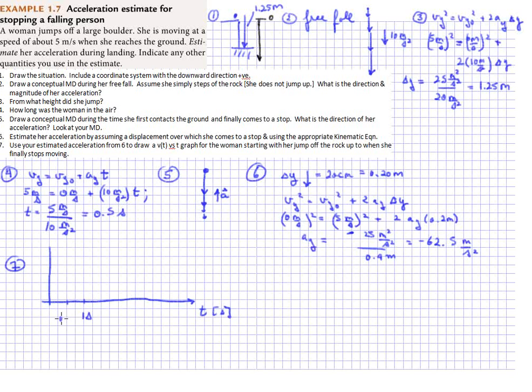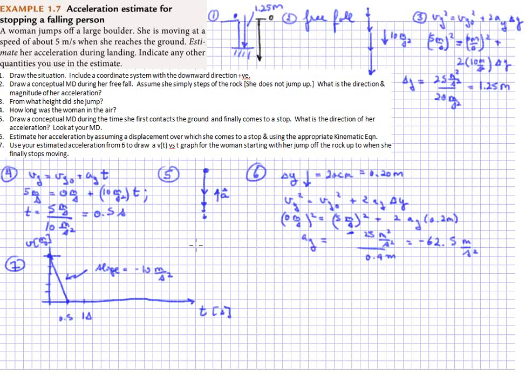Let's say this is 0.5 seconds. And this is my v in meters per second. 1, 2, 3, 4, 5. And so she starts right here and she ends half a second later right there. And here's the line, goes like that, and the slope of that line is the acceleration during her free fall, which is 10 meters per second per second.